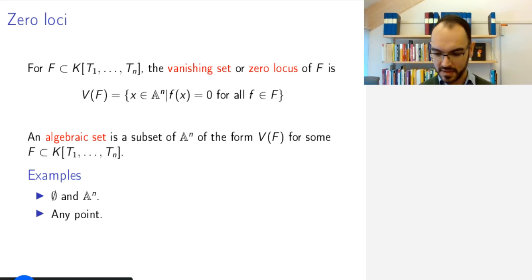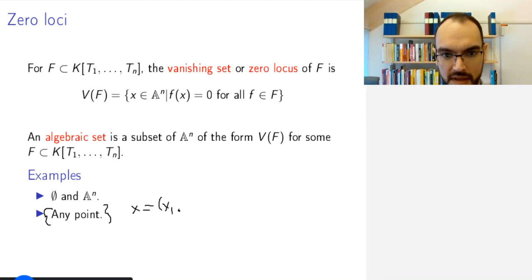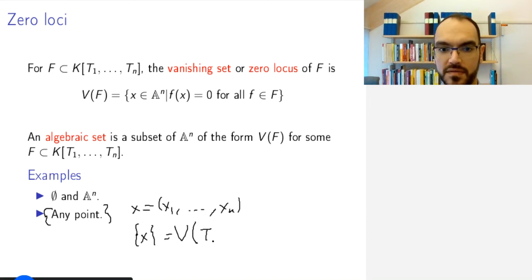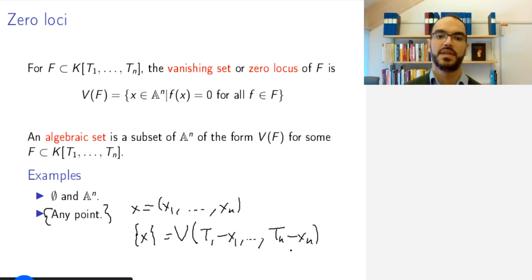Any point, I mean, of course, the set containing any one point is an algebraic set, because if the point has coordinates x1 to xn, then this is the vanishing ideal of t1 minus x1 to tn minus xn.